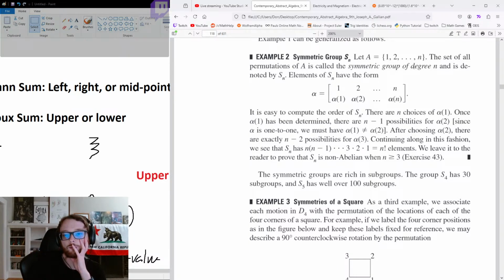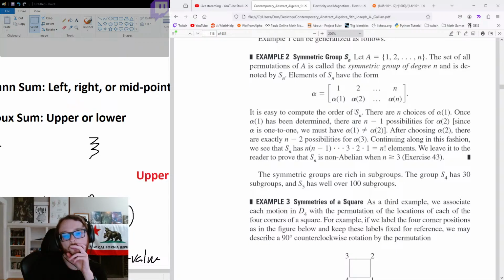Symmetric group of degree n. Not order n, degree n. There are n choices.